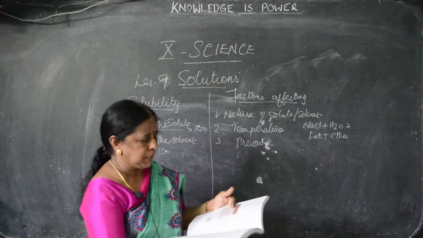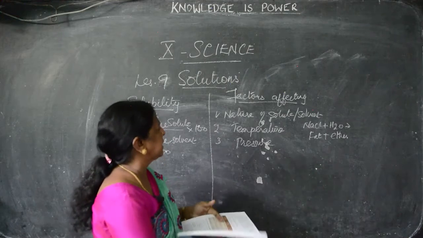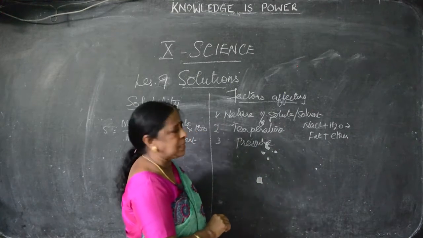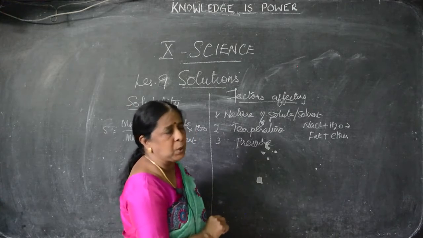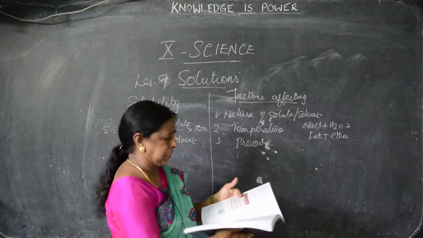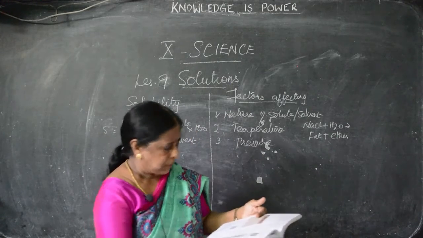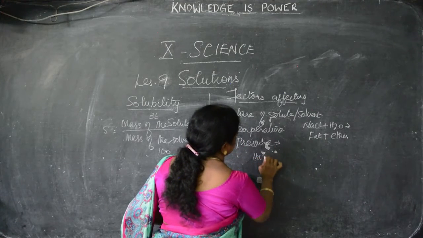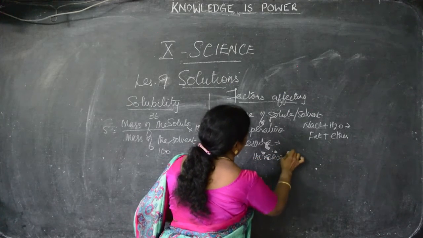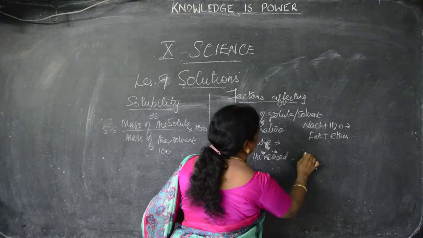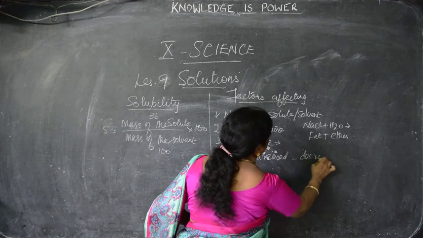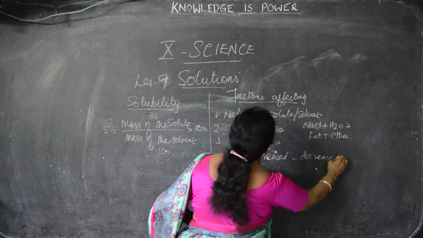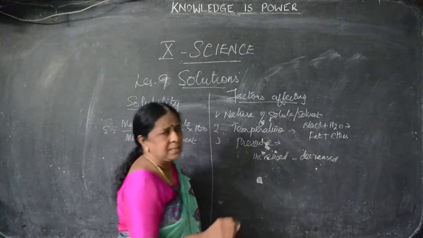Next, we have to see the temperature. If the temperature increases, the solubility also increases. If the pressure is increased, solubility is decreased. This is opposite. Here temperature and solubility are directly related.